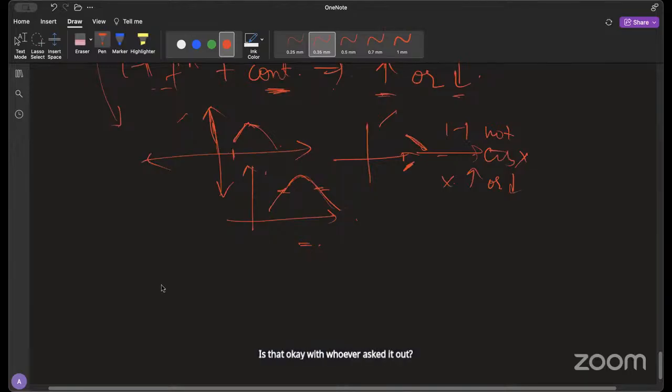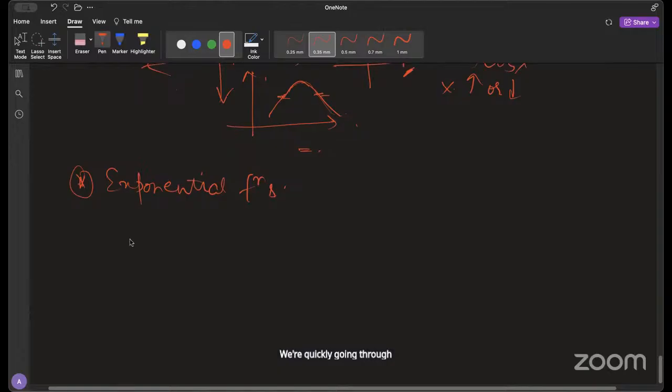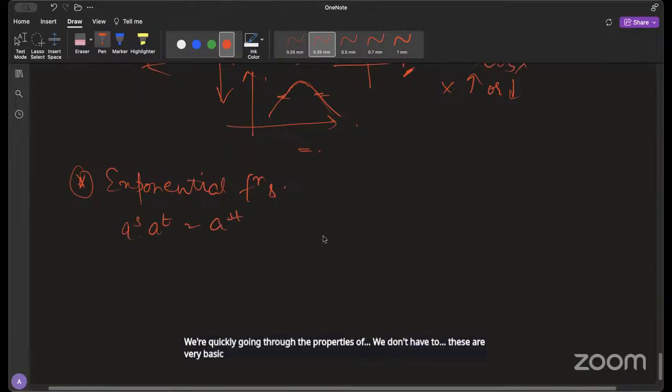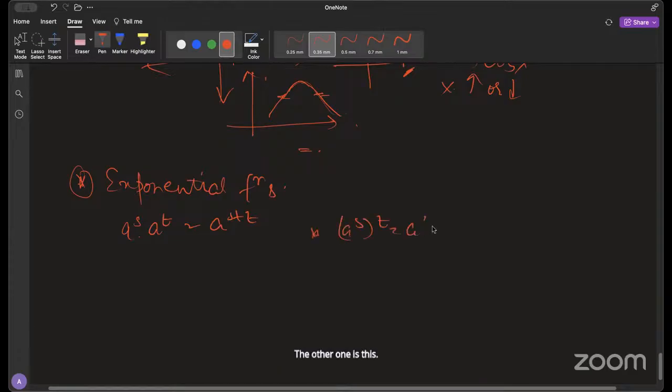Okay. Next up, we have exponential functions. We're quickly going through the properties. These are very basic properties. The other one is this, and then finally this.